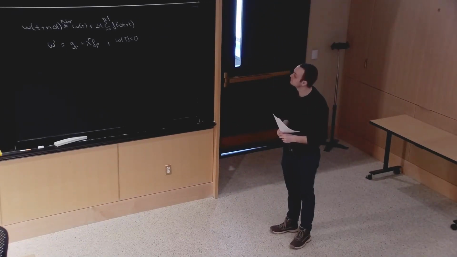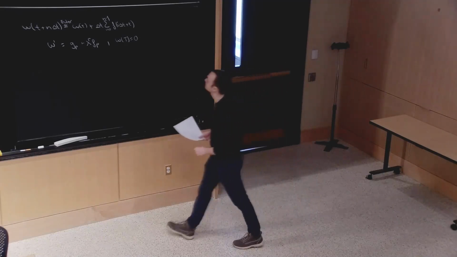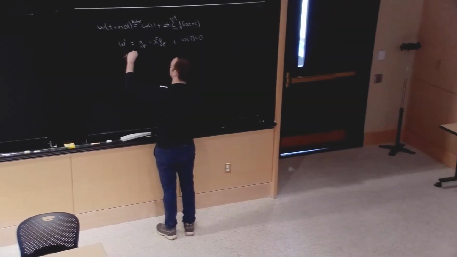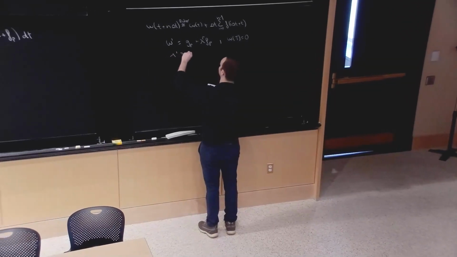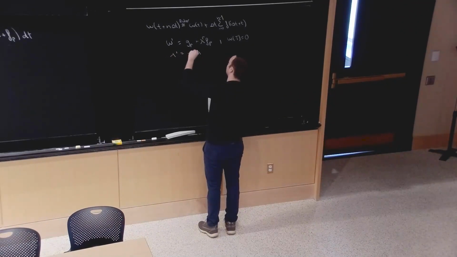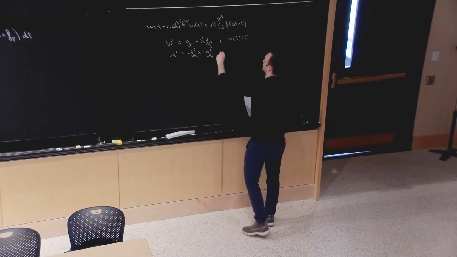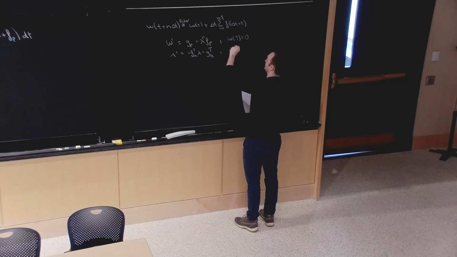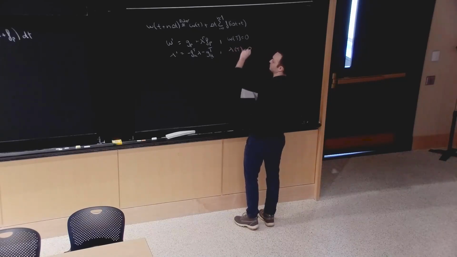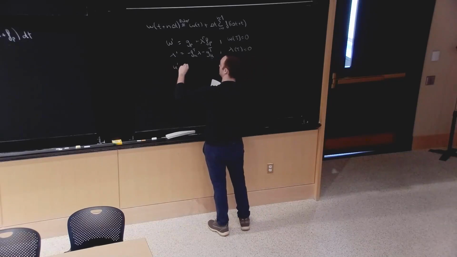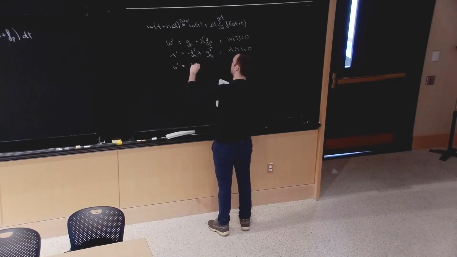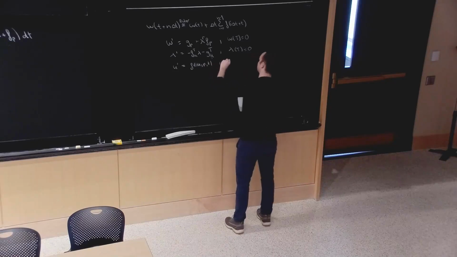So if you write down the lambda prime underneath, you can think of this as one system of ODEs for a vector that contains w and lambda. You just do the two things together instead of as separate steps.